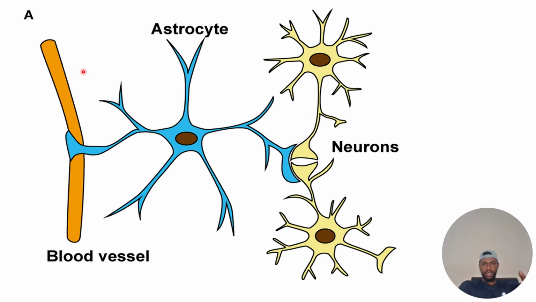Here you see a single astrocyte that makes contact with the blood vessel and also makes contact with the neurons through its processes. And here we have the cell body, as I showed you in the previous slide.